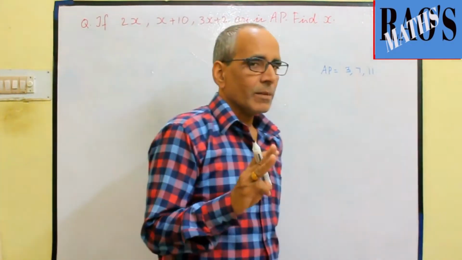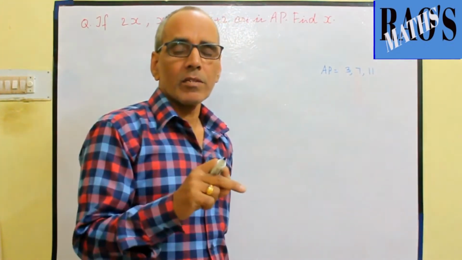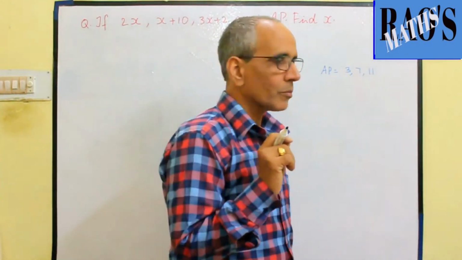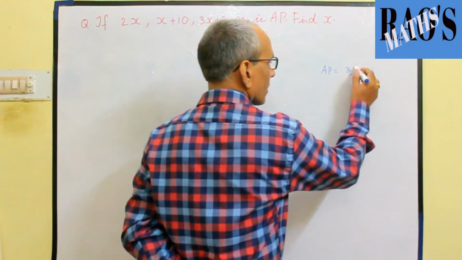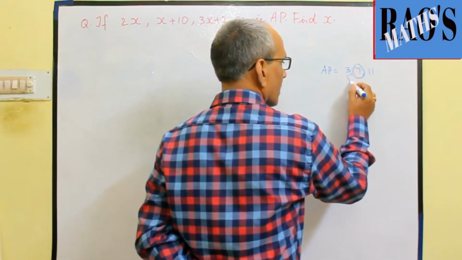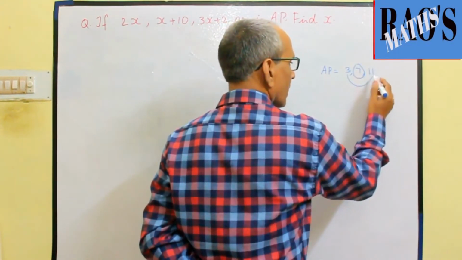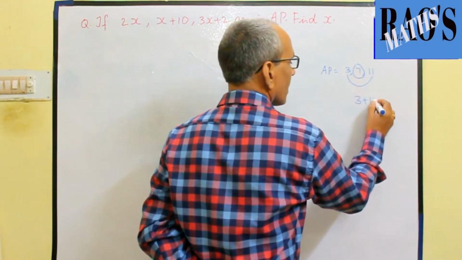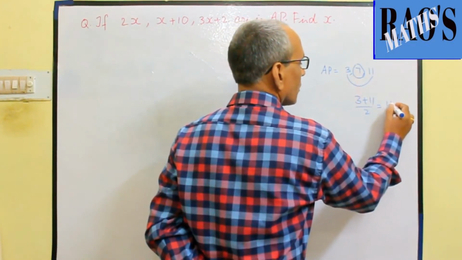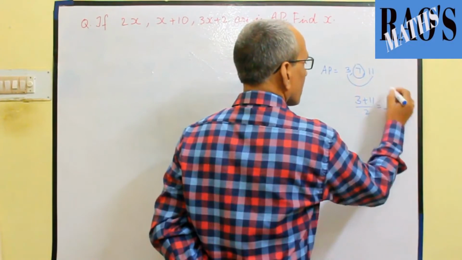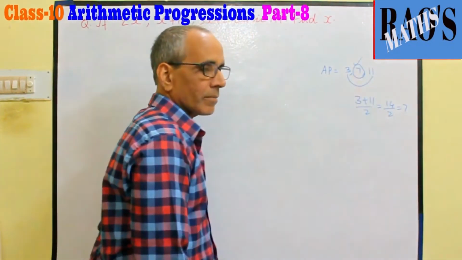Whenever you are given the 3 terms of AP, the middle term is always the mean of the other 2. The middle term is 7. This is always the mean of these two. What is the mean of 3 and 11? That is 3 plus 11 by 2, that is 14 by 2, that is 7. It is true in all the cases.